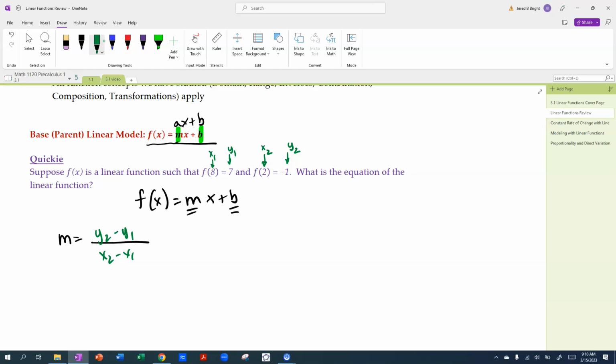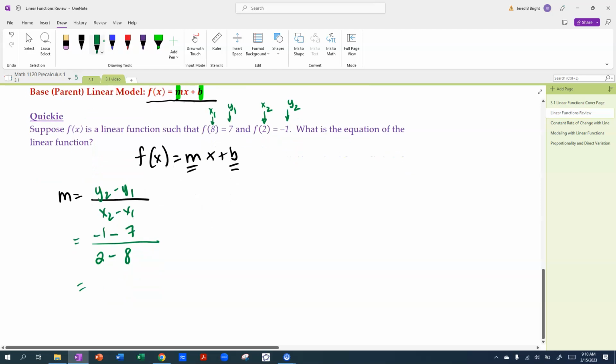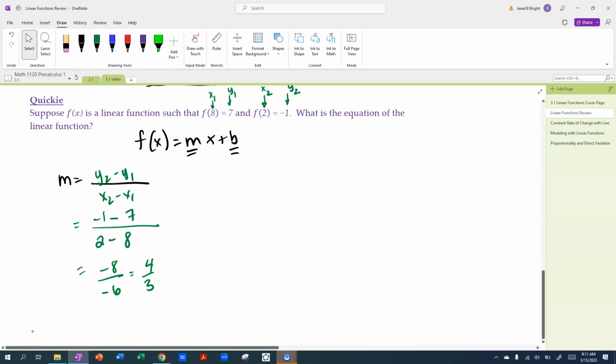Calculation-wise, I would get -1 minus 7 over 2 minus 8. Doing that arithmetic, that's -8 over -6, so that reduces to 4 over 3. So I found m.